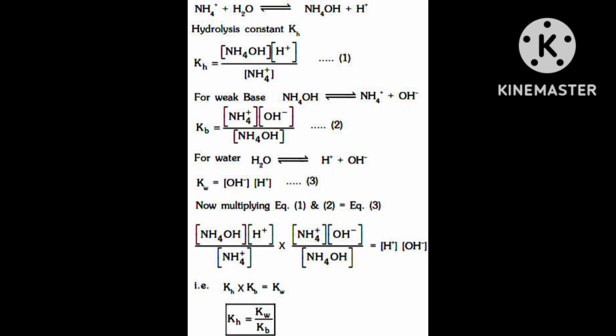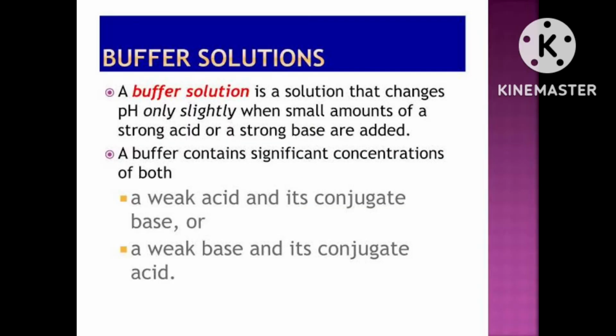Then again you have to write the reaction. Ammonia is dissolved in water. In solid there will be no reaction, always in water. Hence first you write the reaction: NH3 plus H2O, like earlier, will form NH4 plus and OH minus.